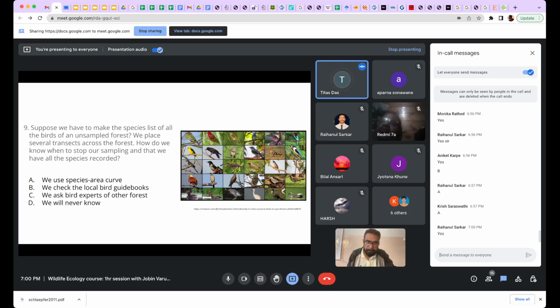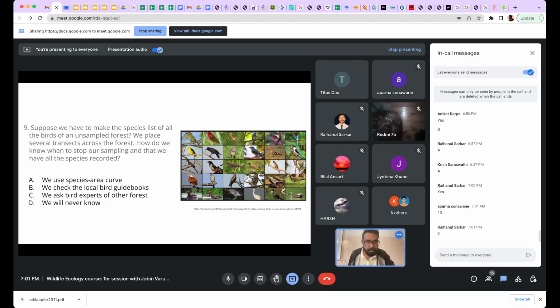No, more than that. We saw 7 in the first transect. In the second transect, we see 5 of the already seen birds of the first transect, but we see 3 more species, new species. So how many more species are we talking about? 3. So how many total species have we seen till now? So 13. 7 plus 3, right?